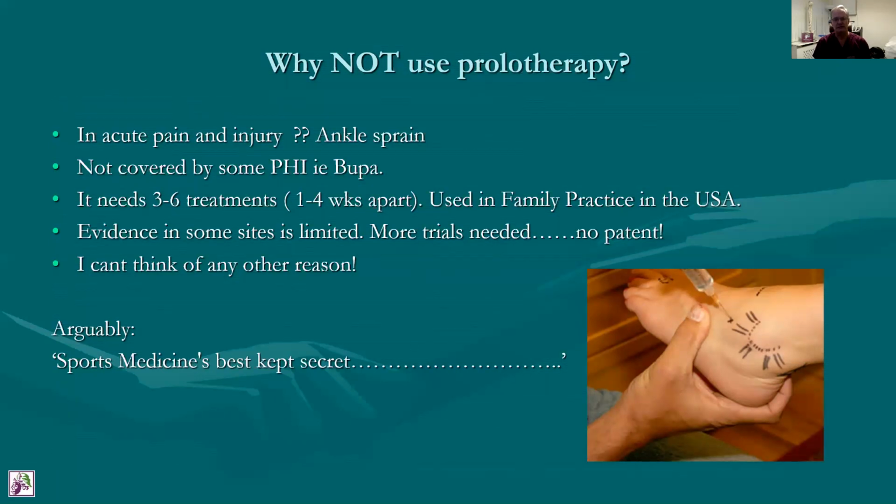And as usual, more trials are needed. The trouble is dextrose prolotherapy has no patent. You can't get a patent on sugar, so there is no pharmaceutical company willing to spend money on large clinical trials and meta-analyses. So there is no particular other reason not to use prolotherapy.